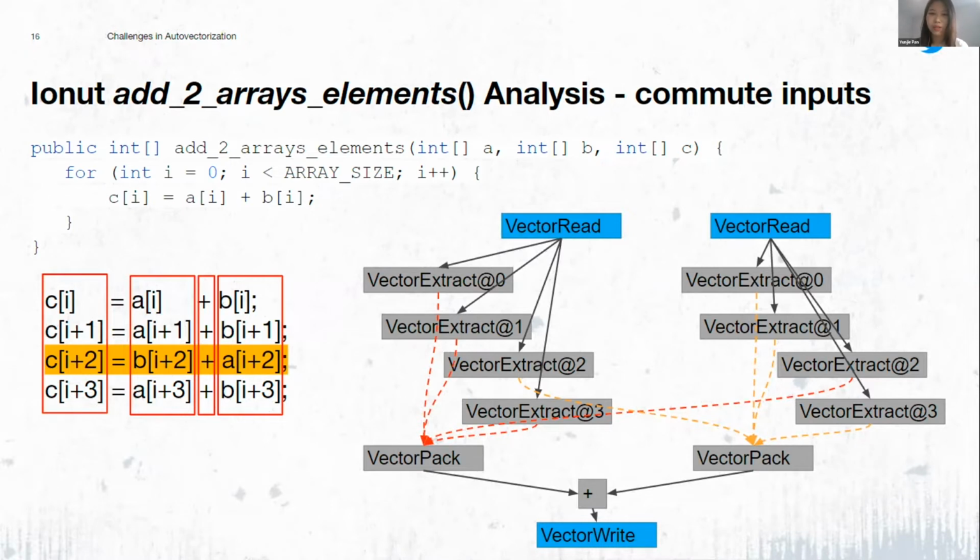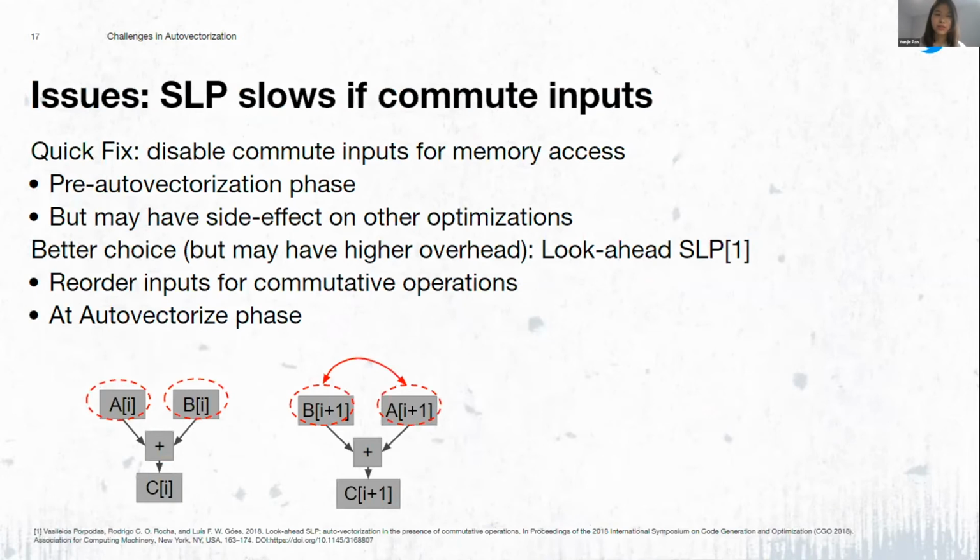So we could expect that after having those redundant vector instructions, the code after autovectorization optimization will be slower than the original scalar version of code, which we do not want. So the superword level will slow down if we commute inputs.